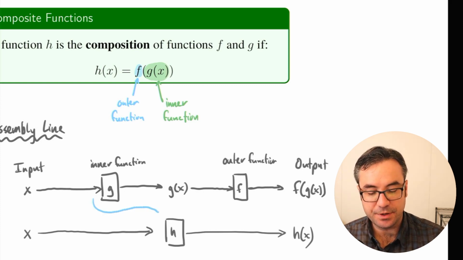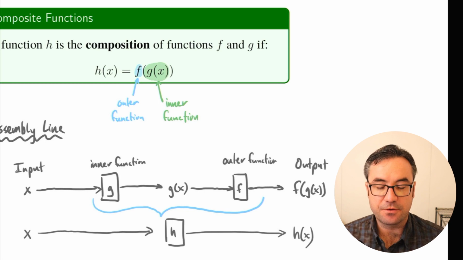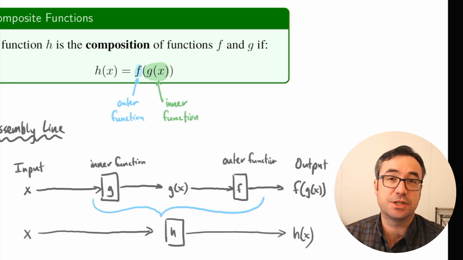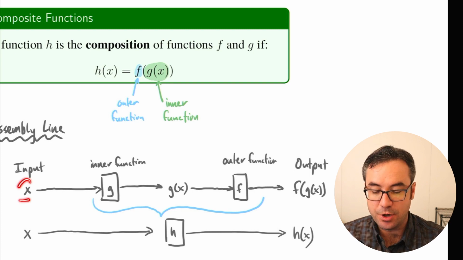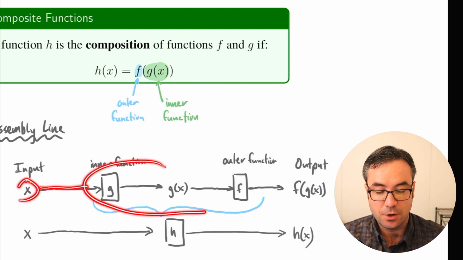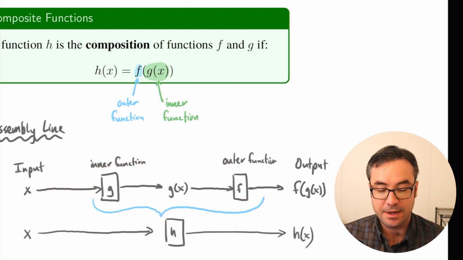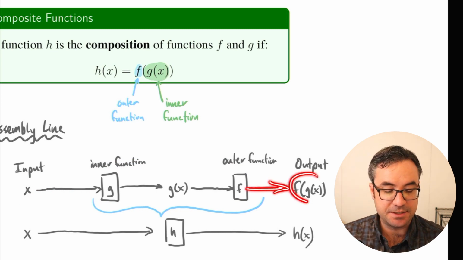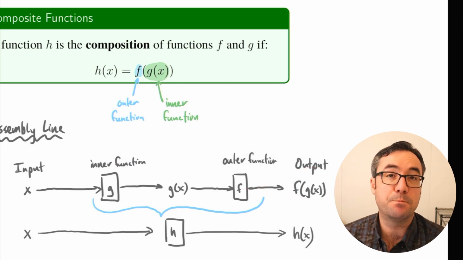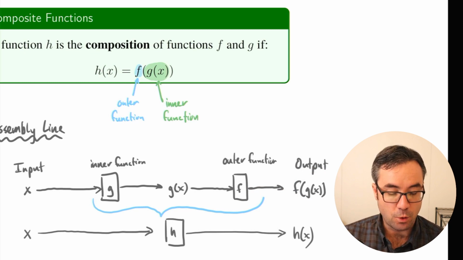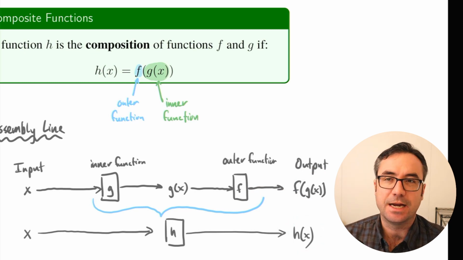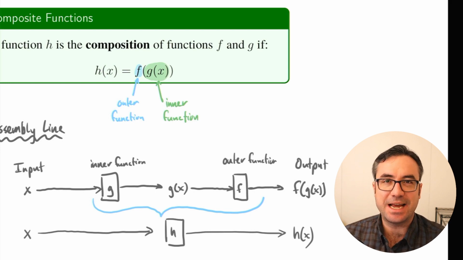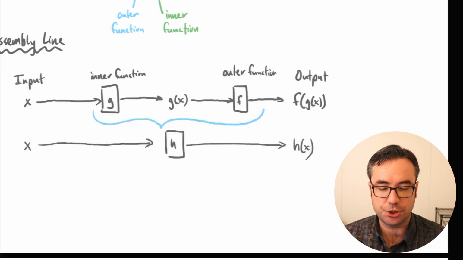So we can view this whole inner function, outer function process as just one function of its own. Input x goes into this whole procedure, and out comes the output f of g of x. Or if we wanted to rename it, we could call that h.